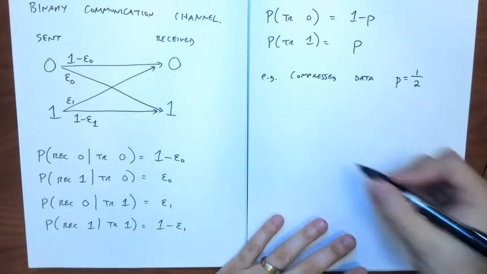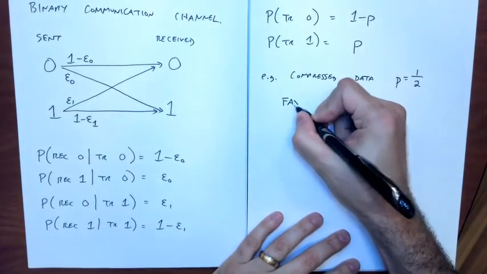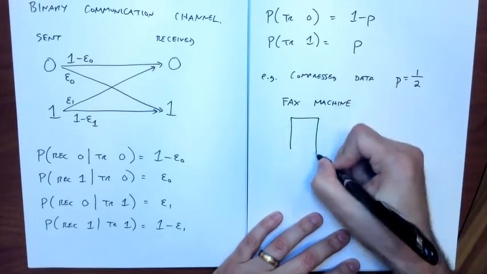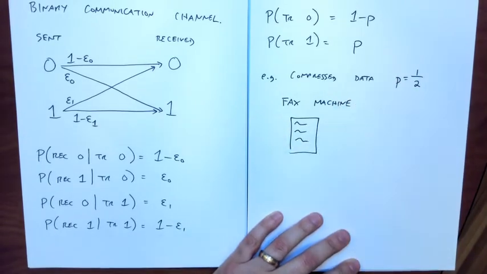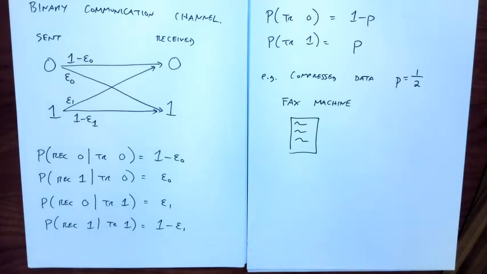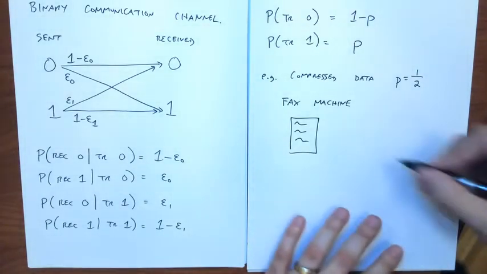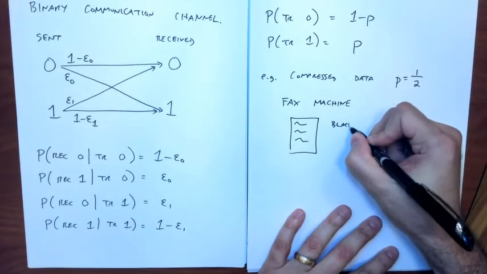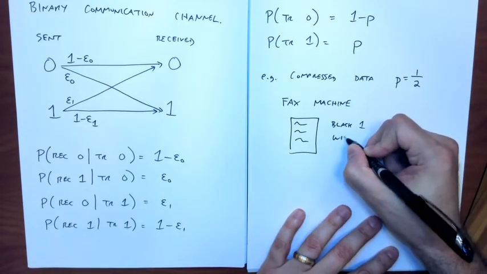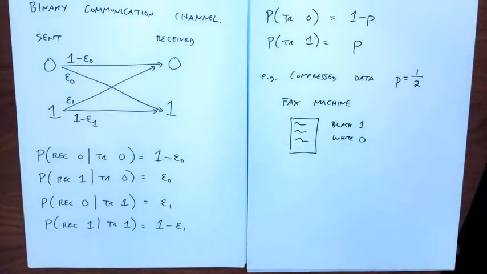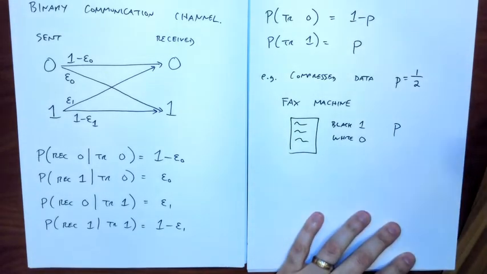So when you zip a file, for example, and you look at the binary bits, those bits should basically be equally distributed between 0 and 1. But then there are situations where, for example, you've got a fax machine transmitting bits of ink on a page where, say, black is equal to 1 and 0 is equal to white, right? So if black is 1 and white is 0, then since the pages that you transmit over a fax are usually sparse black text on a big white background, maybe this p is smaller, right?